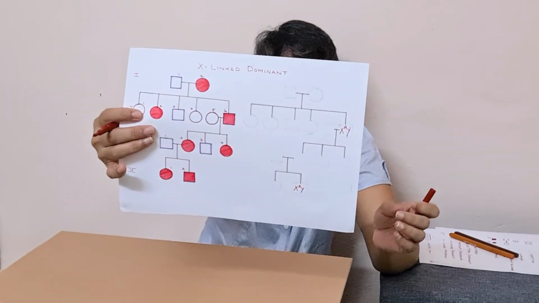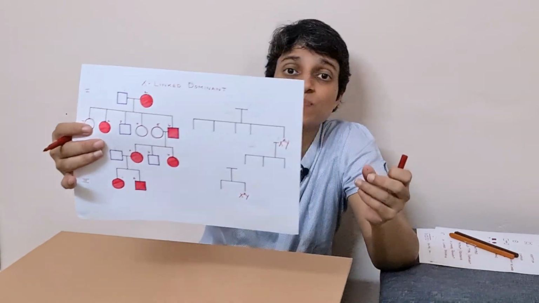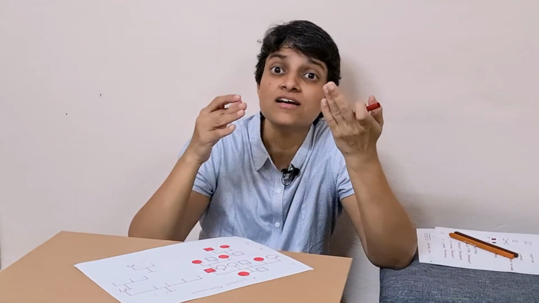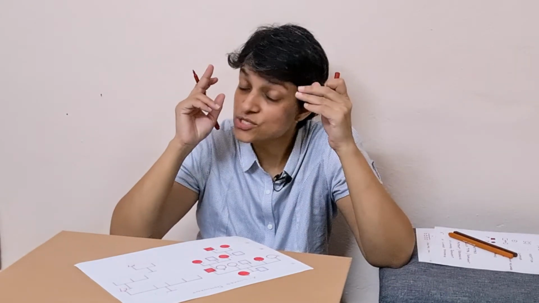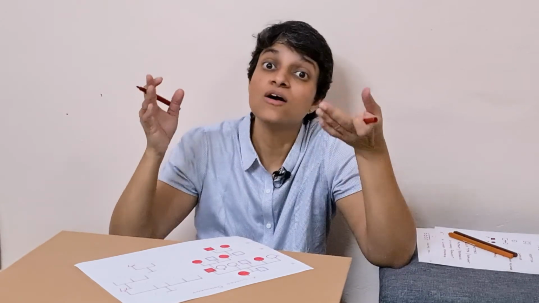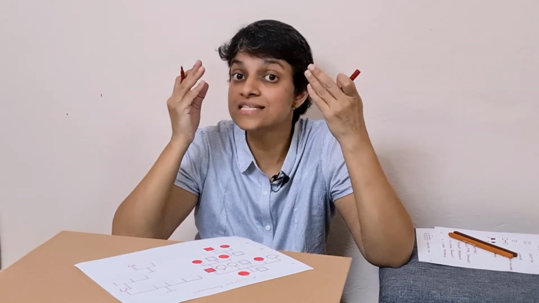Father affected, only girl children affected because he's passing on that single defective gene carrying X chromosome to his daughters, and it is a dominant condition, so his daughters are showing, but his sons will never show it because his sons will get his Y chromosome and not his X chromosome.